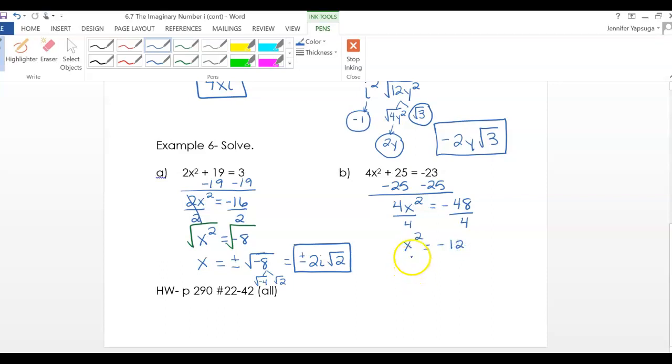Then if you take the square root of both sides, you are left with x equals plus or minus the square root of negative 12. So then let's break that down into negative 4 and 3. So that equals plus or minus 2i times the square root of 3. And that would be your final answer for part B.